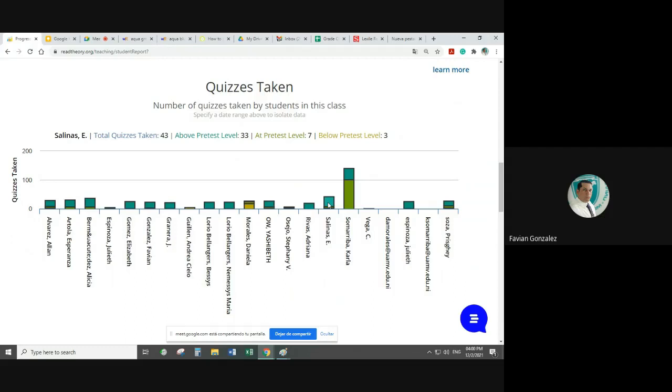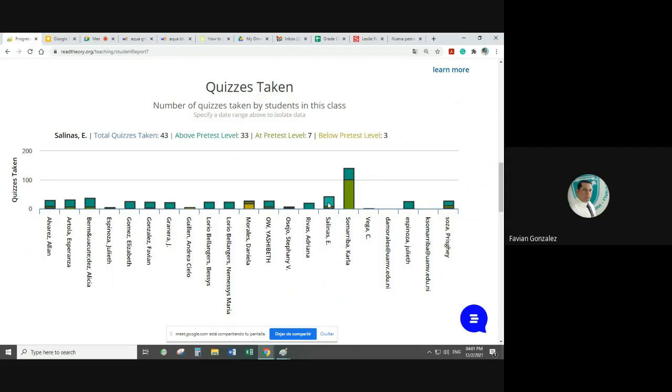Now, after that, there are three possible levels of performance in our students. The first one is called above pre-test level. In her case, 33. This level, which is an aqua green color, represents the number of passages in which she demonstrated understanding and comprehension beyond the level of the placement test.